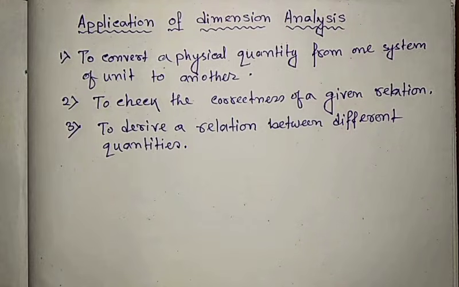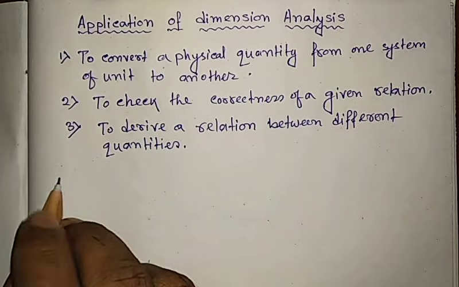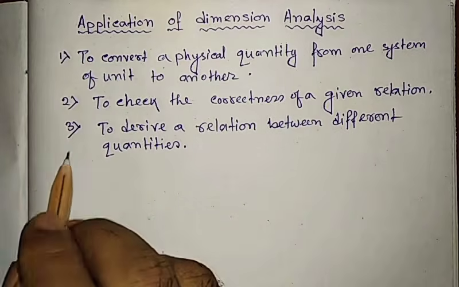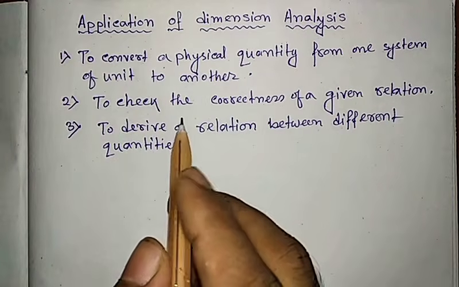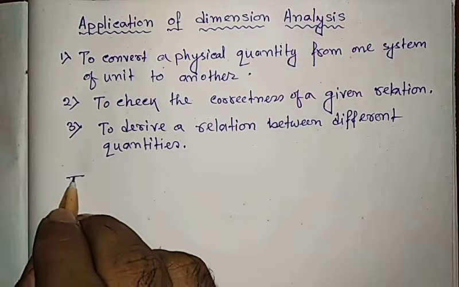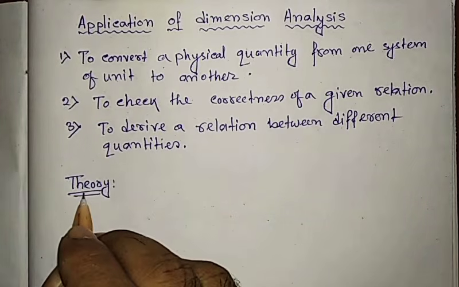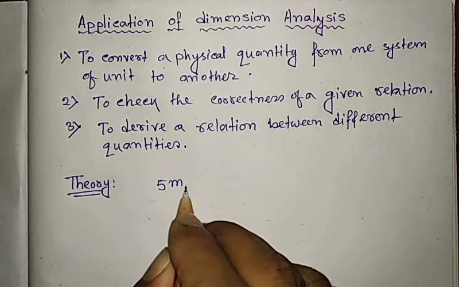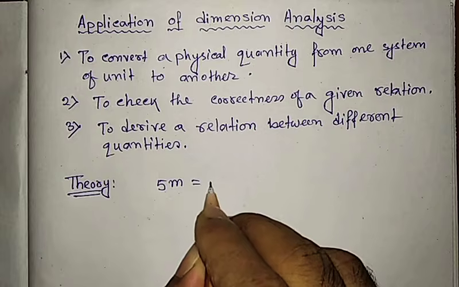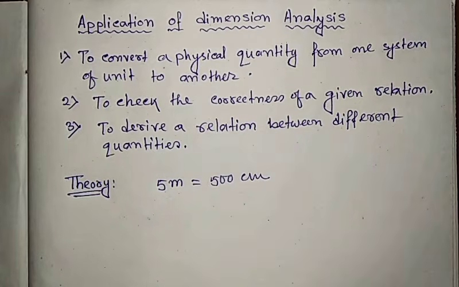So first of all we have to know the theory for converting one system of unit to another. The theory is, we know that 5 meter is equal to 500 centimeter.